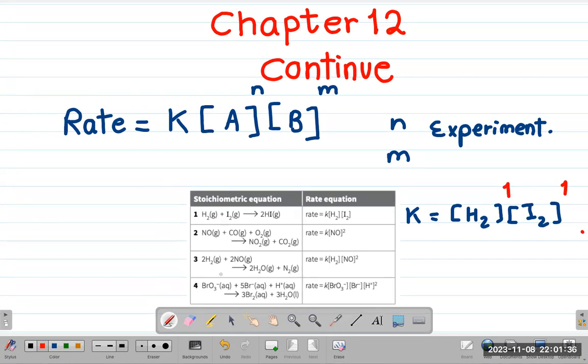If you are thinking that it is related, let's have a look at the second equation, where NO and CO give us O2. I'm saying here K, and it should be rate. It should be the rate of the reaction.